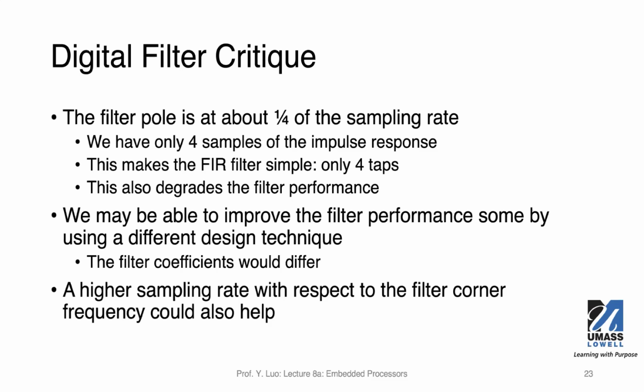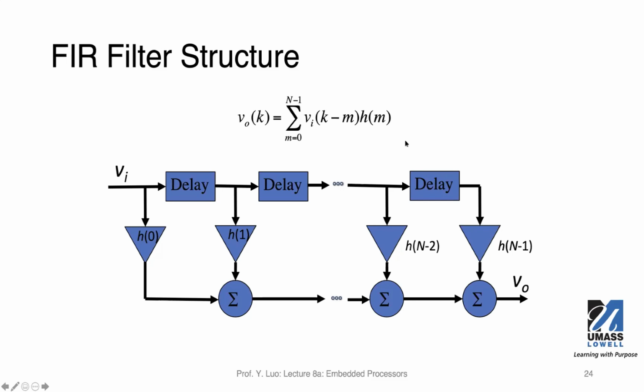We may use more samples. That's one way to do it. And in that case, the filter will be using a different number of coefficients. And also we can increase the number of taps, so that instead of 4, we can have a lot more of these multiplication operators with more coefficients and accumulators, so that we can get much closer to what we have in an analog circuit.